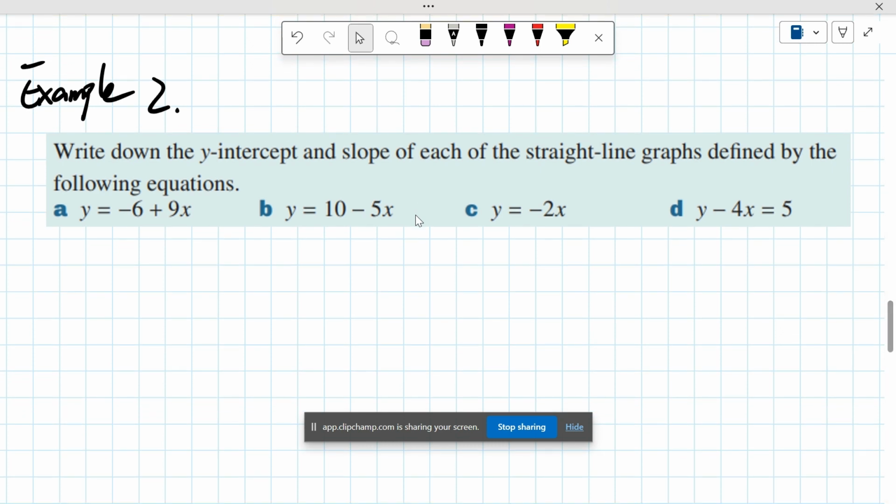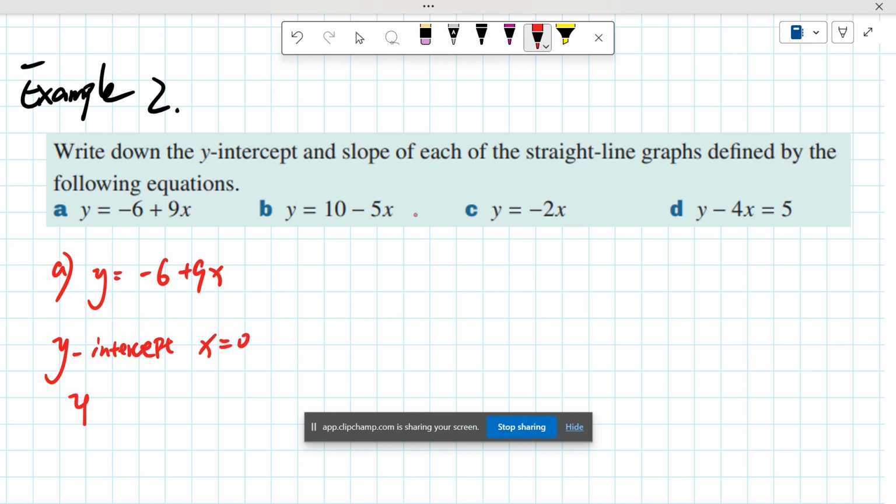For the first one, y equals negative 6 plus 9x, my y-intercept is when x equals 0, so y equals negative 6 plus 0, which equals negative 6.